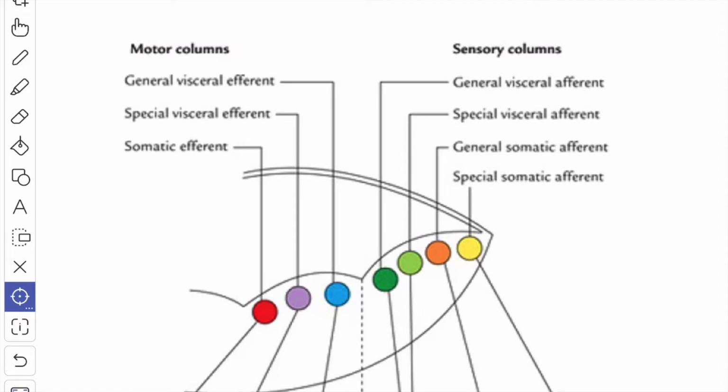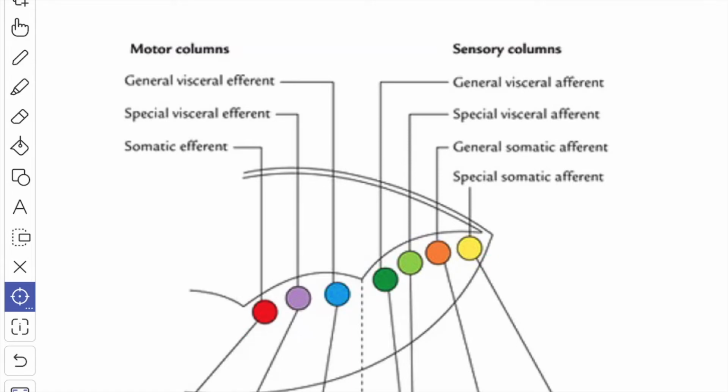Apart from this, an extra special somatic column appears in the most lateral part of the alar lamina to receive the sensation of hearing and balance. Thus, there are 7 functional columns in the brainstem from medial to lateral.